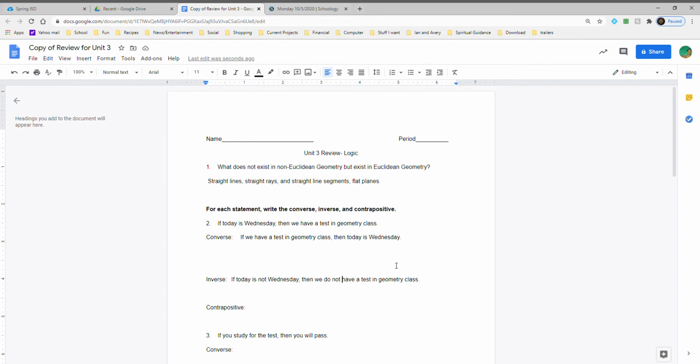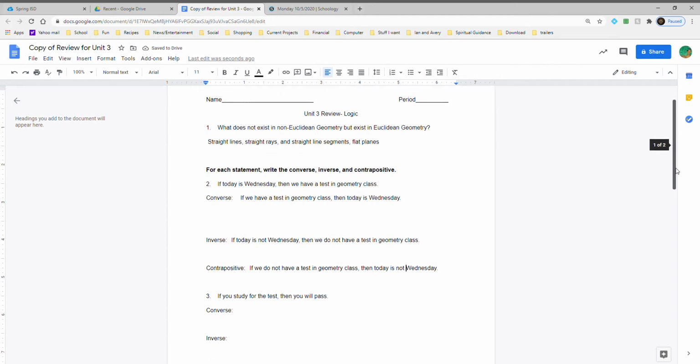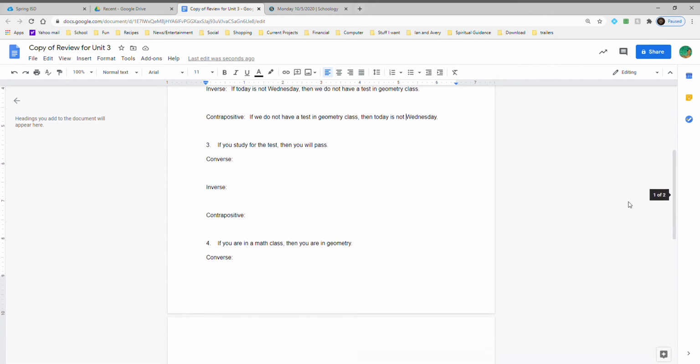We've already flipped it here. So if I just make this statement the opposite, then I'll have my contrapositive. So if we do not have a test in geometry class, then today is not Wednesday. There it is.